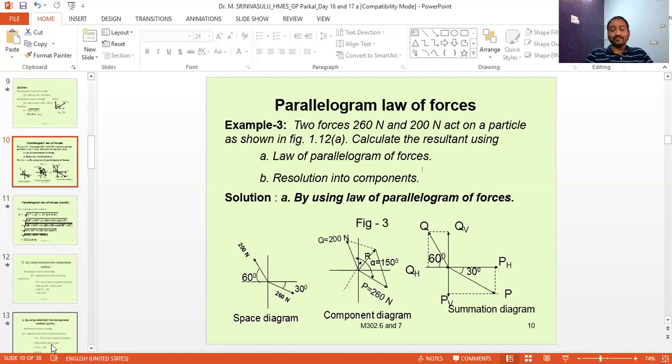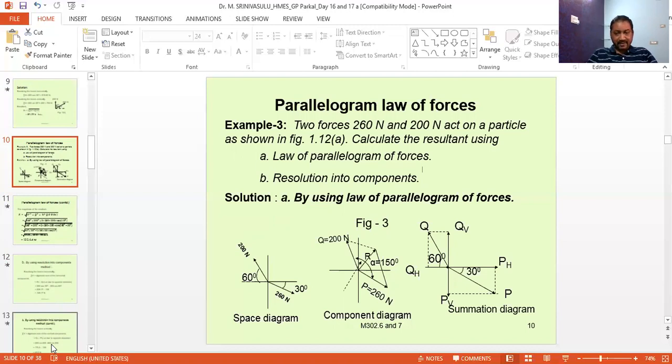Here, when we are solving the same problem, the same two forces are shown on the x and y axis, that is on the four quadrants. Now you see here the P force with a magnitude of 260 newtons acting at an angle of 30 degrees with x axis and acting in the fourth quadrant.